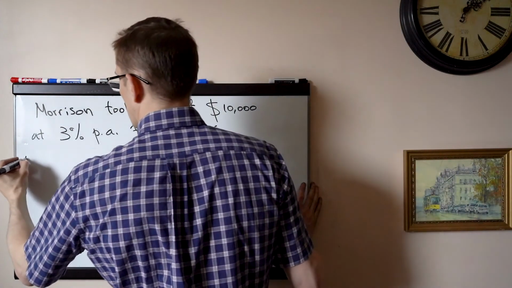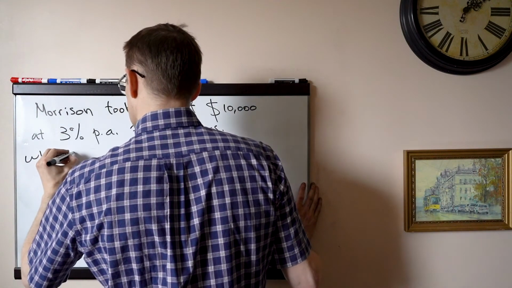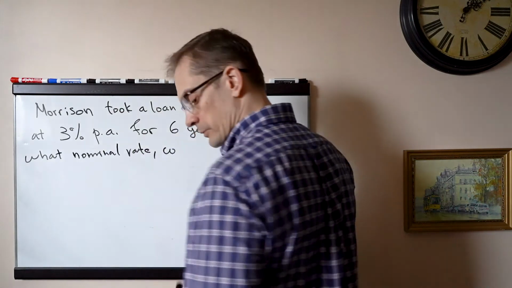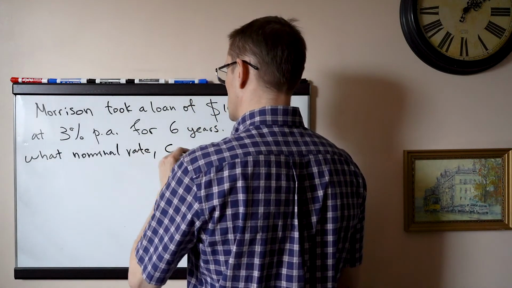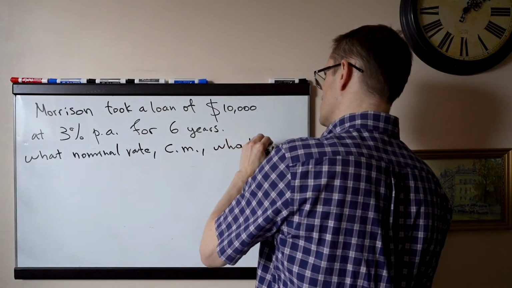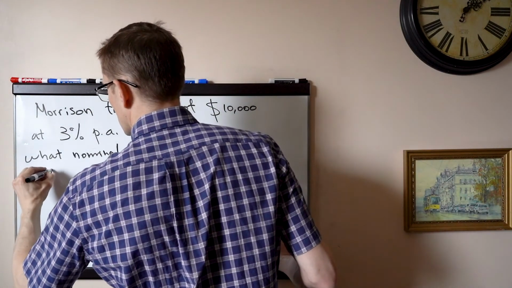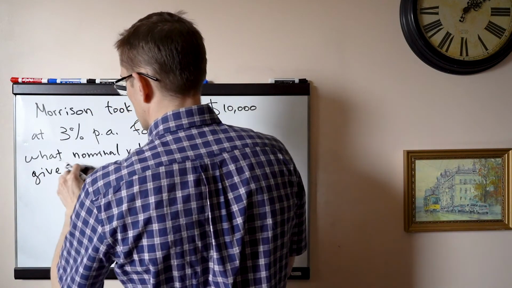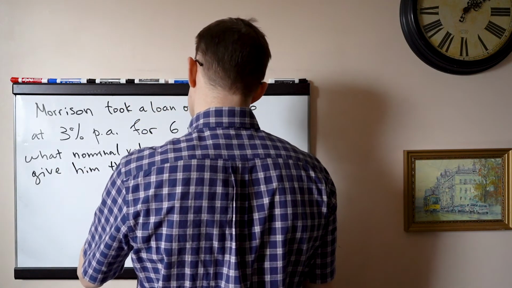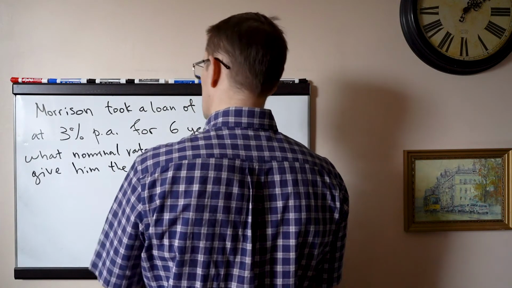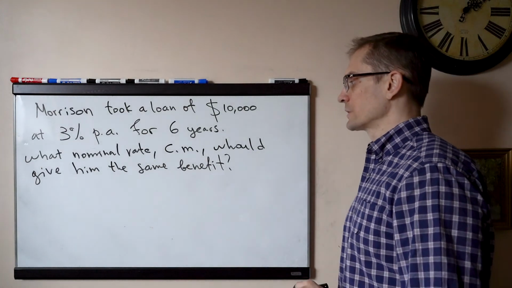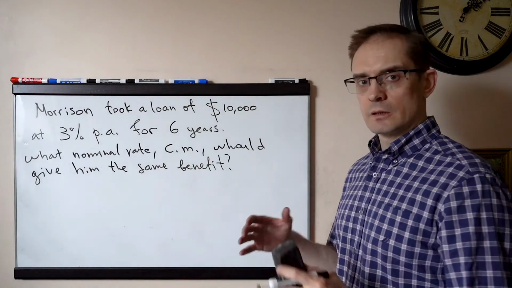So what nominal rate compounded monthly would give him the same benefit? So Morrison took a loan of $10,000 at 3% PA for 6 years. What nominal rate compounded monthly would give him the same benefit?